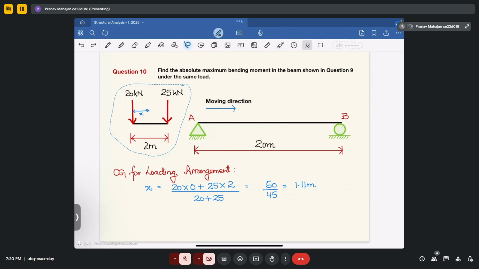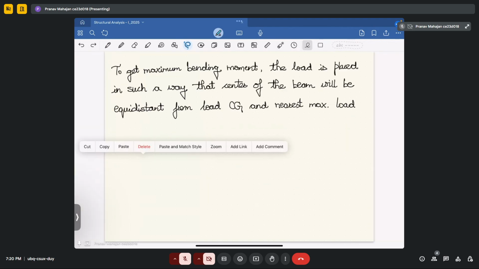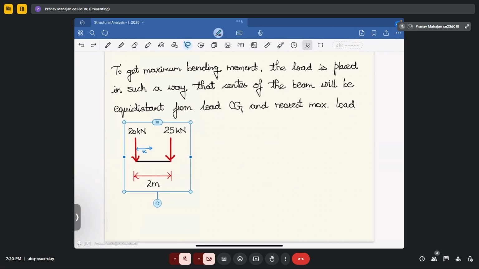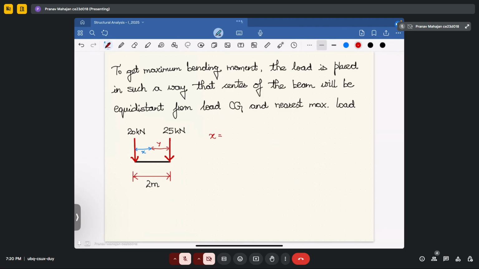If your x is 1.11 meter, let me write the other as y, then your y will become 2 minus 1.11 equal to 0.89.